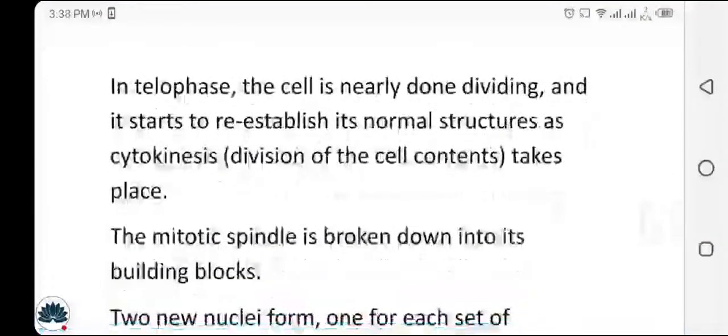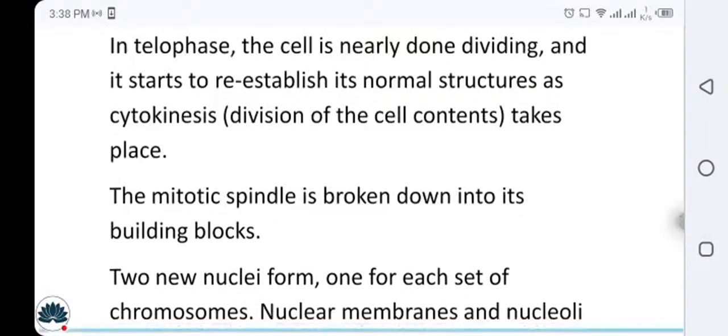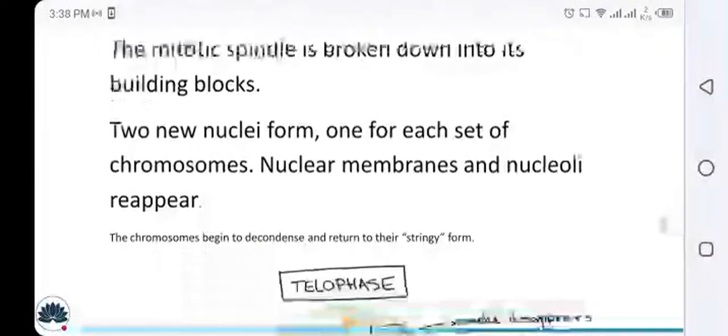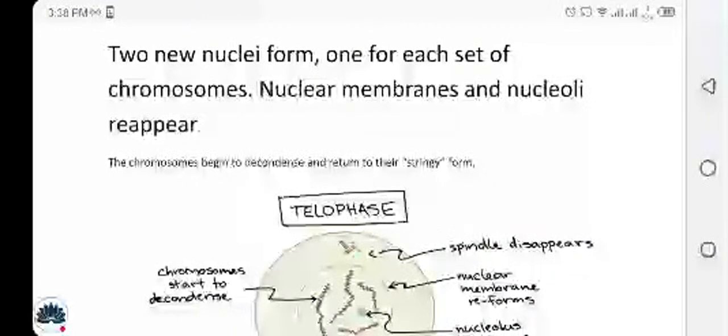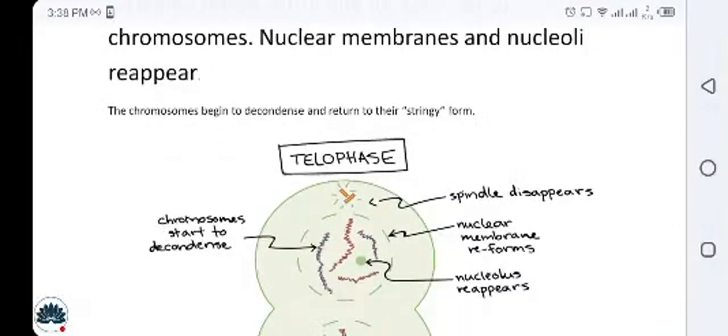The cell is nearly done dividing, and it starts to re-establish its normal structure. In cytokinesis, the division of the cell contents takes place. The mitotic spindle is broken down into its building blocks, and two new nuclei form, one for each set of chromosomes; nuclear membranes and nucleoli reappear.